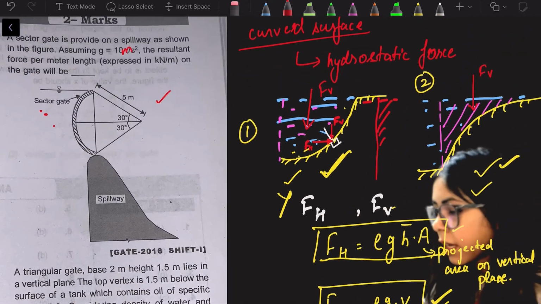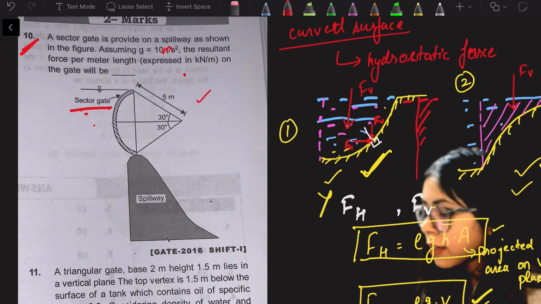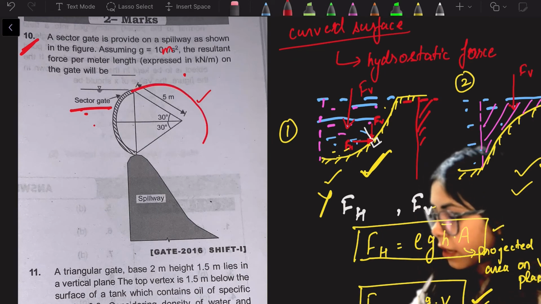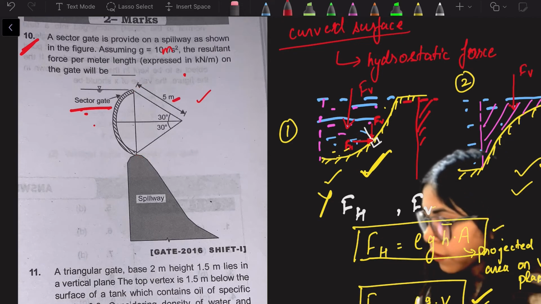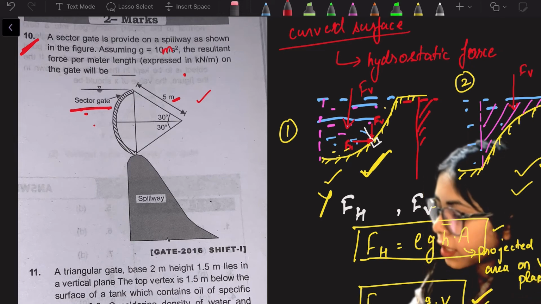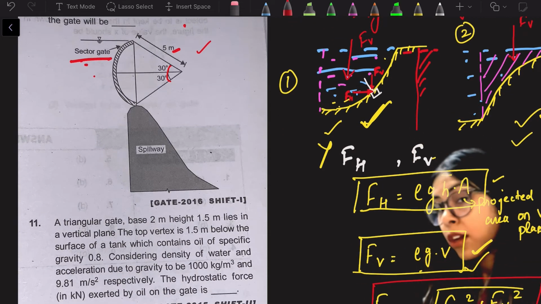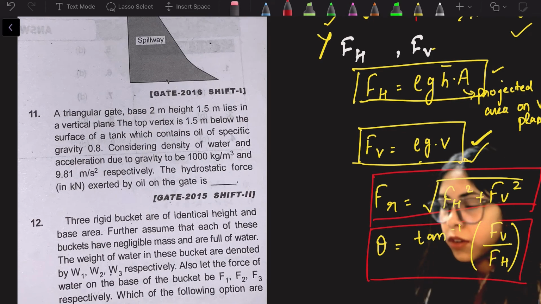In this particular case we are given the sector gate. That means sector means it is a section of a circular area, right? So it is called a sector. Now this sector has a radius 5 and the angle of this particular sector is total 60, which is 30 half, right? So for the area of sector, let's say first of all I will calculate the horizontal force.